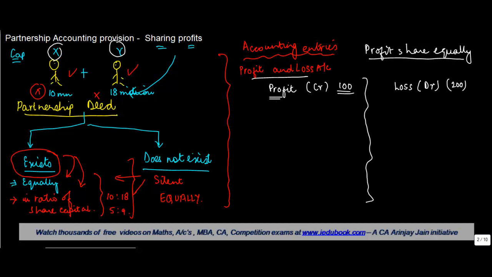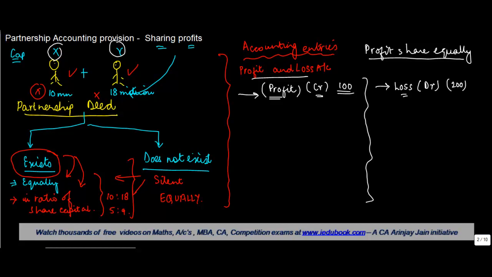Now let's see what the entries are which are to be passed. I will come to the profit and loss appropriation account concept later on, but normally in partnership accounts, once you have a profit or loss as per the profit and loss account, it is transferred to an account called the profit and loss appropriation account. This account is mainly for the distribution of the profits to the partners. So first you transfer this profit or loss, as the case may be, to the profit and loss appropriation account.